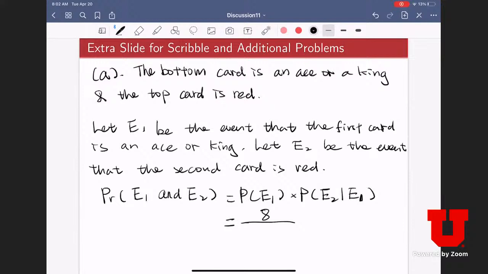So right here, think about the probability of E1 only as a single event. We don't care about E2 right now. So it would just be 52. But on the second part, you do need to care about E2.